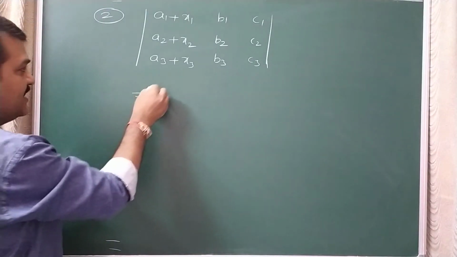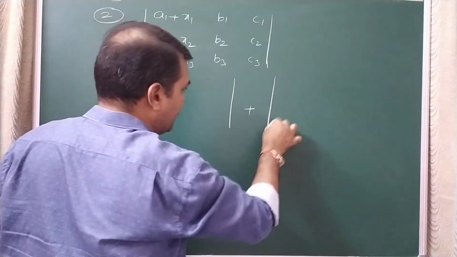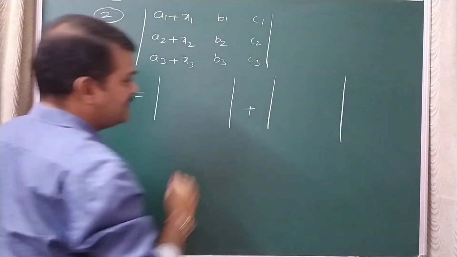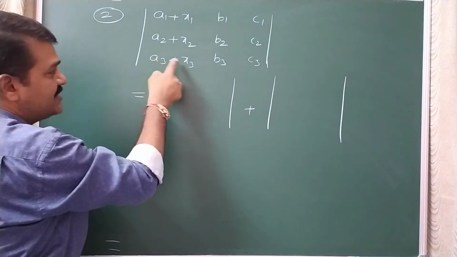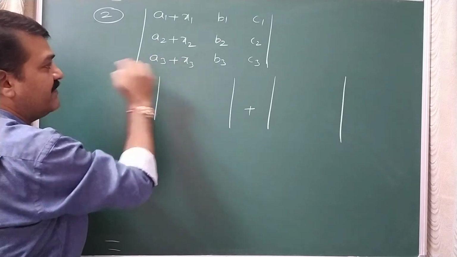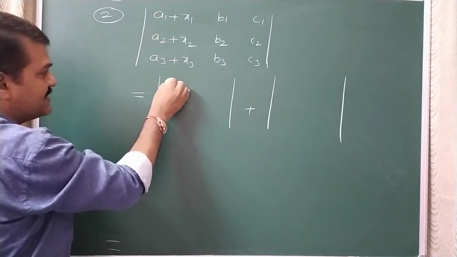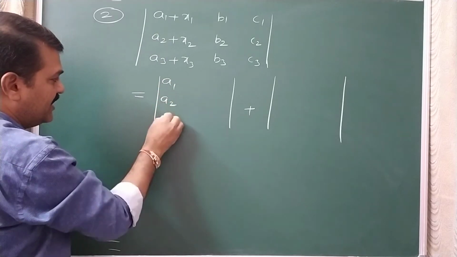How will we write it? We have to split this into a sum of two determinants. Where this column has a sum of two numbers, only this column will be split. In the first determinant, we will write the first numbers like A1, A2, A3.